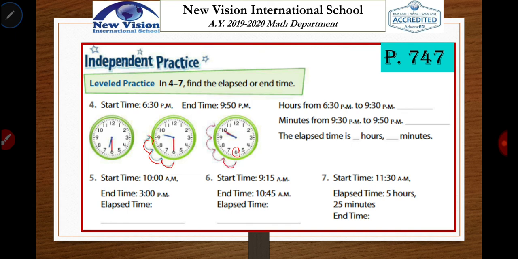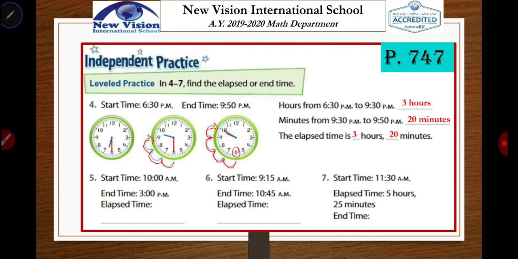So we have 5, 10, 15, 20. 20 minutes. Okay, so the elapsed time is? Do you now have the answer? For the hours, we have 3 hours. For the minutes, we have 20 minutes. The elapsed time is 3 hours, 20 minutes. Very good. It's very easy, grade 3.